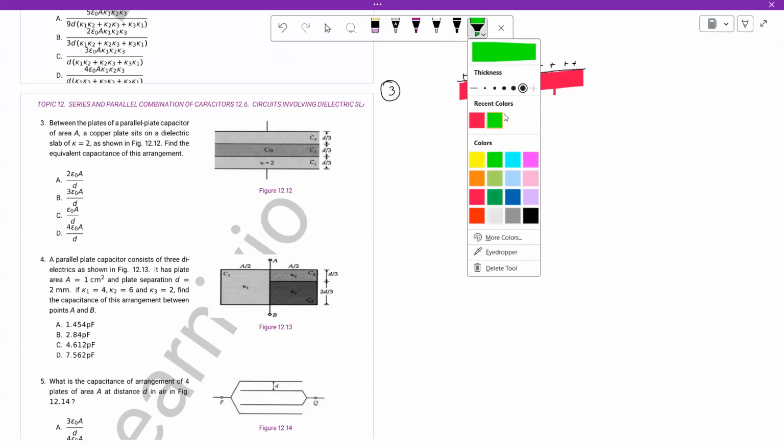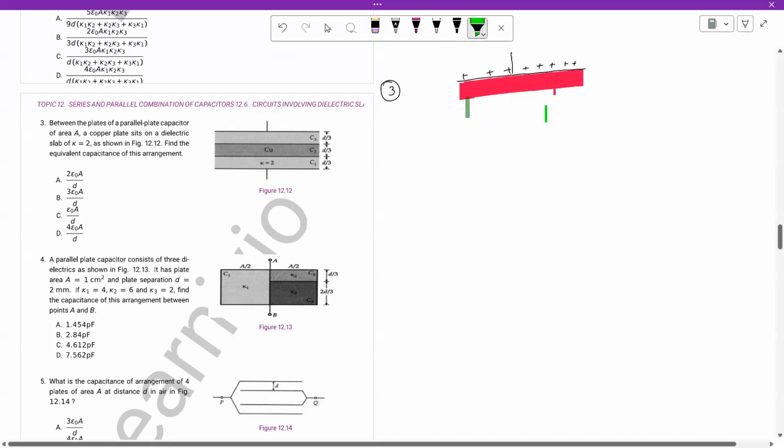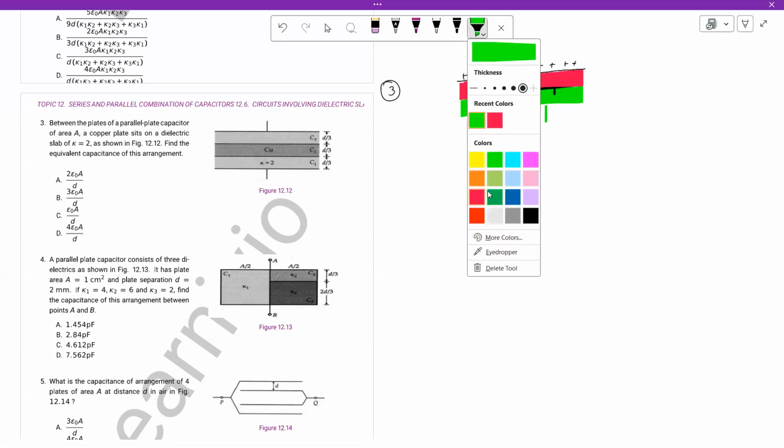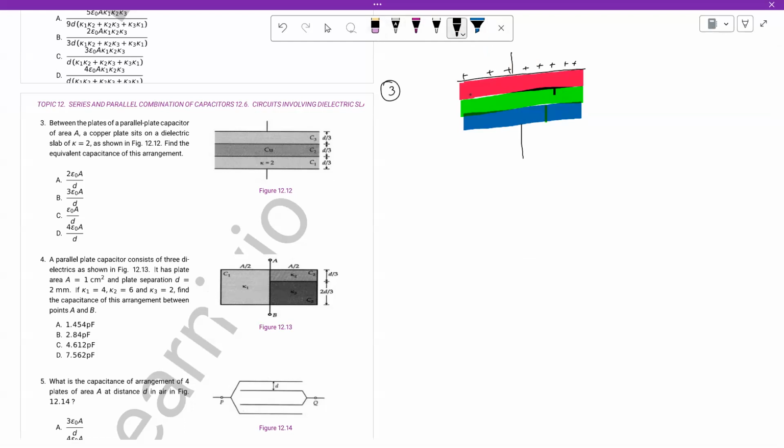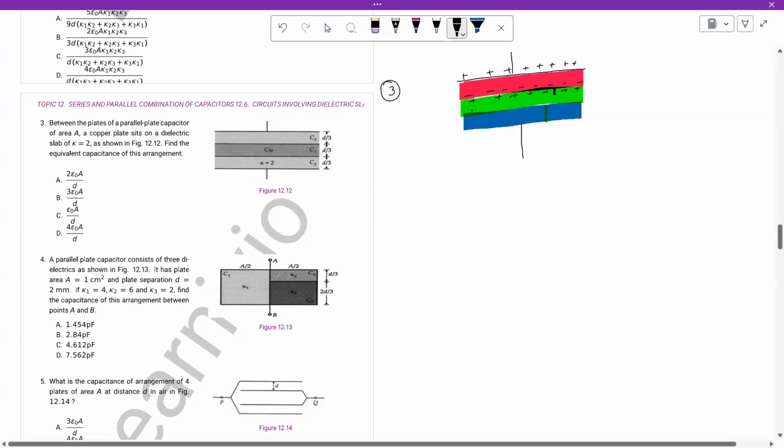And then we have this one. So this is plus, this is minus, this is plus, this is minus, this is plus, and this is minus, right?